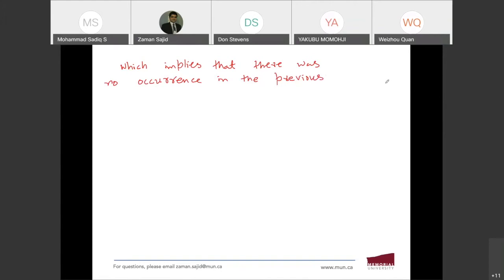If x is my event here, the previous event should be x minus 1.